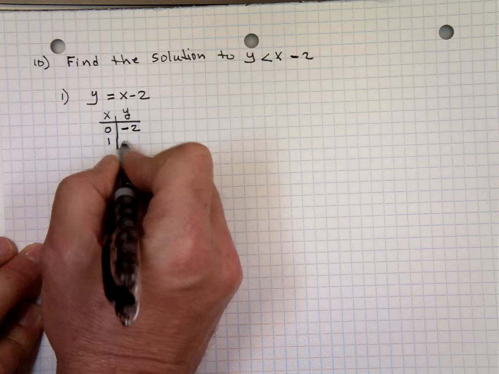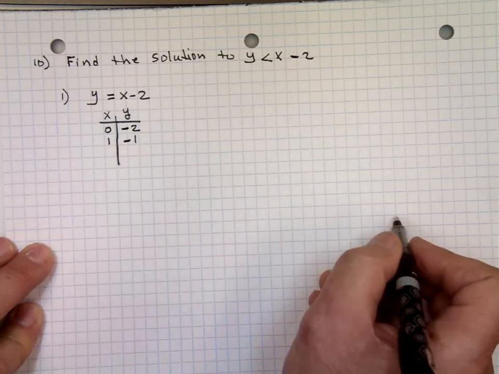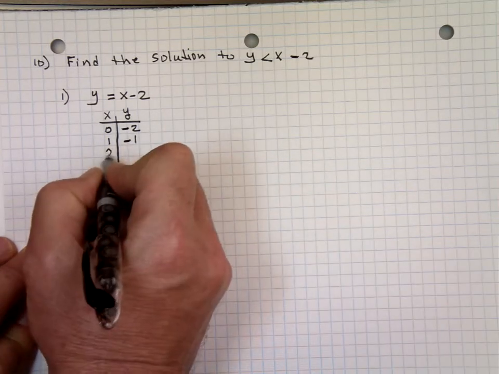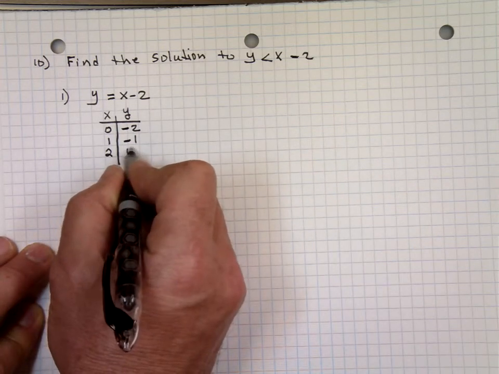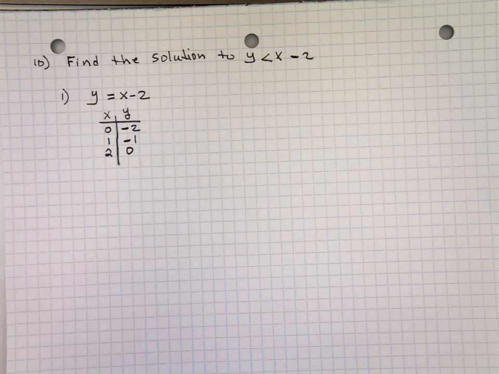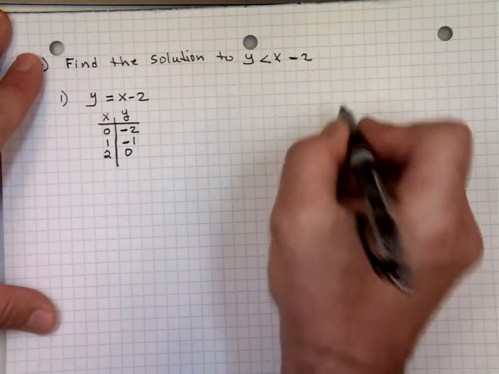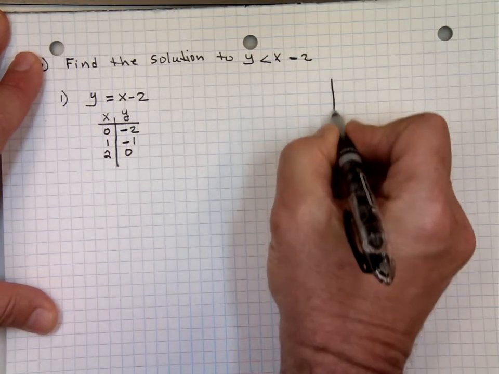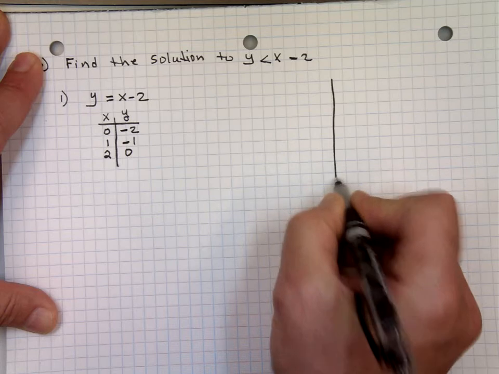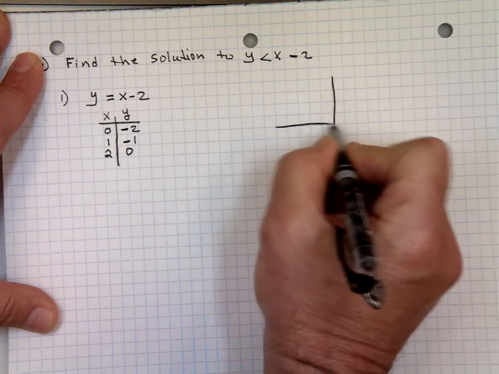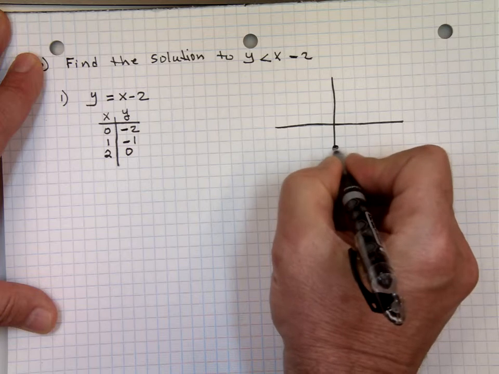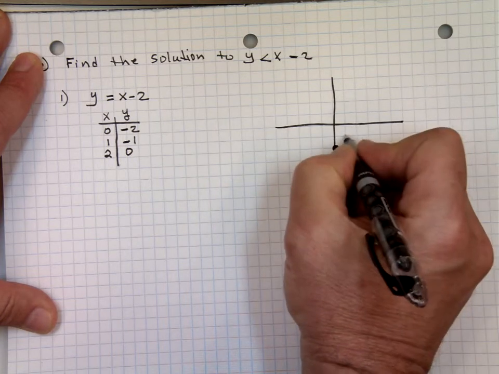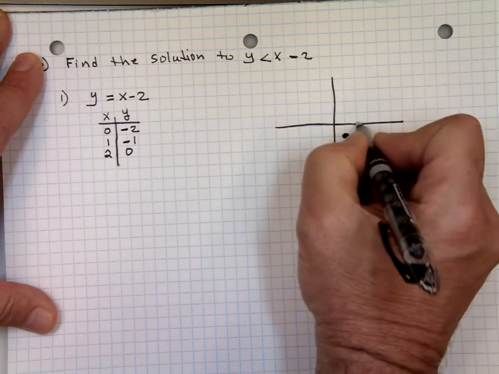How about a negative 1? When x is 2, what's 2 minus 2? 0. Zero and minus 2 is this point. 1 and minus 1, that's this point. 2 and 0, that's that point.